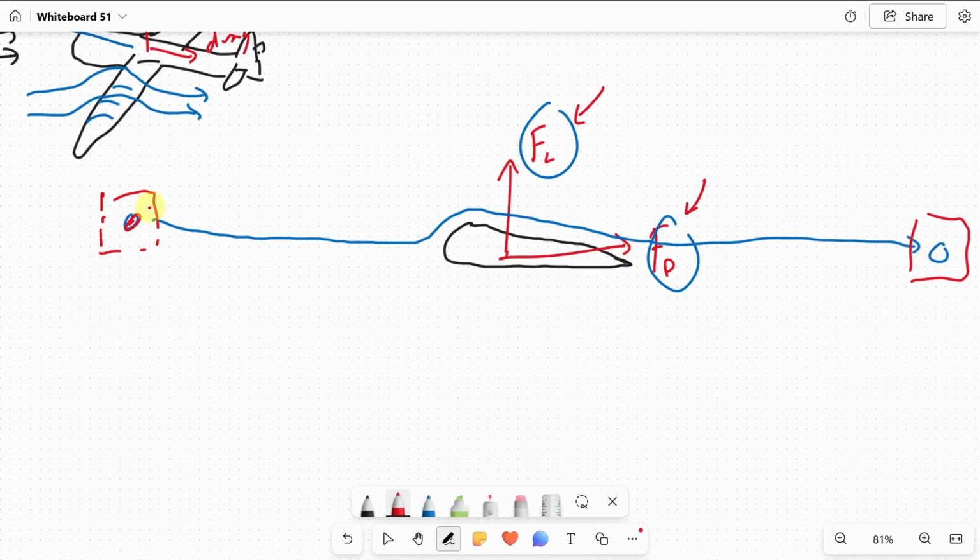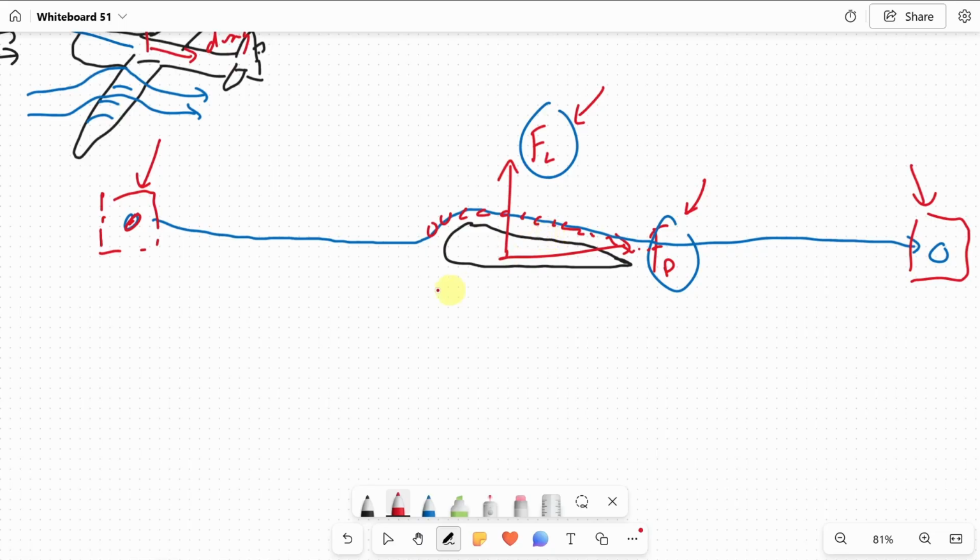You're not interested in this particle when it is right here, and you're not interested in it when it is far away from the wing. You're only interested in it when it is right here, and not particularly in this particle, but in what kind of behavior it exerts, what kind of forces and pressure it exerts on the wing, so you can understand the characteristics of the wing.